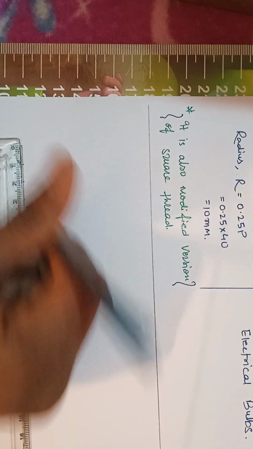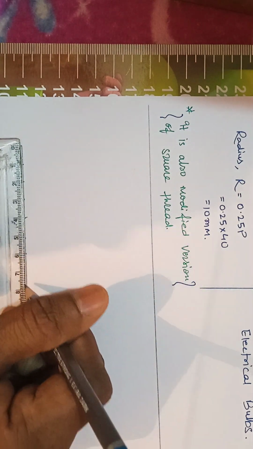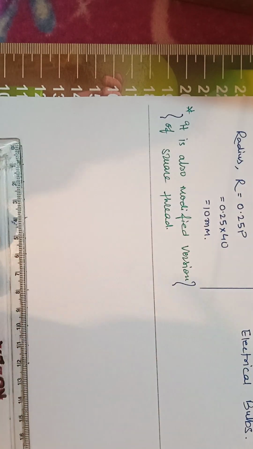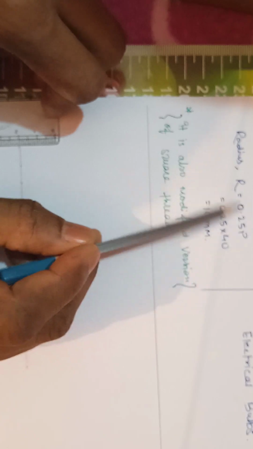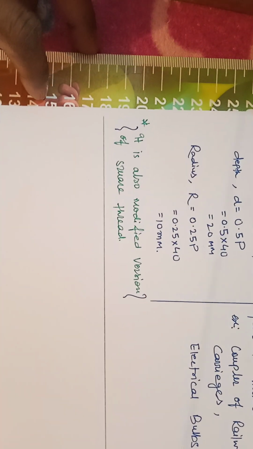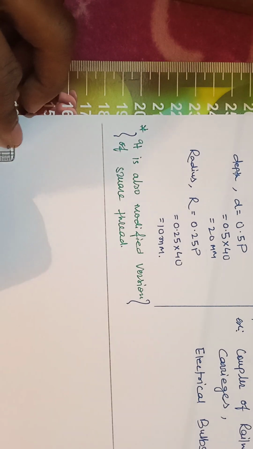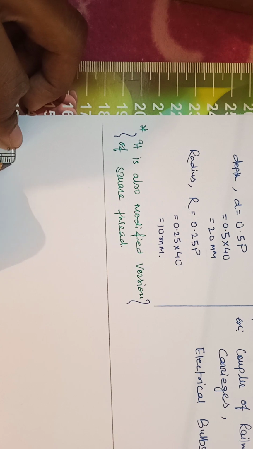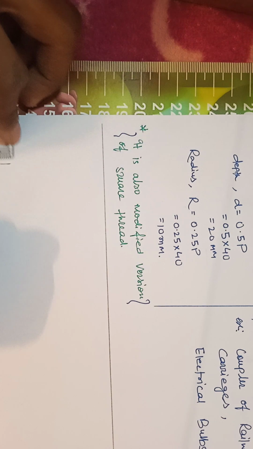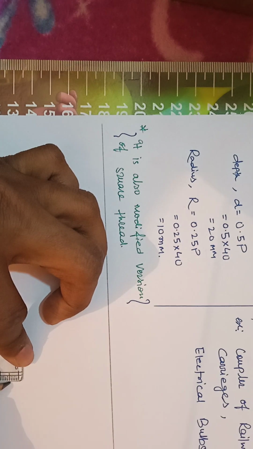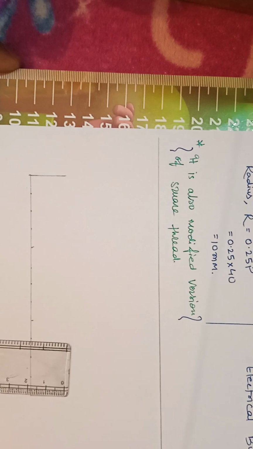Mark these points on the line. As we have calculated the height as 20 mm, that is the depth that we call, we will mark it at the pitch points, 20 mm, and from this end also 20 mm, so on both ends.